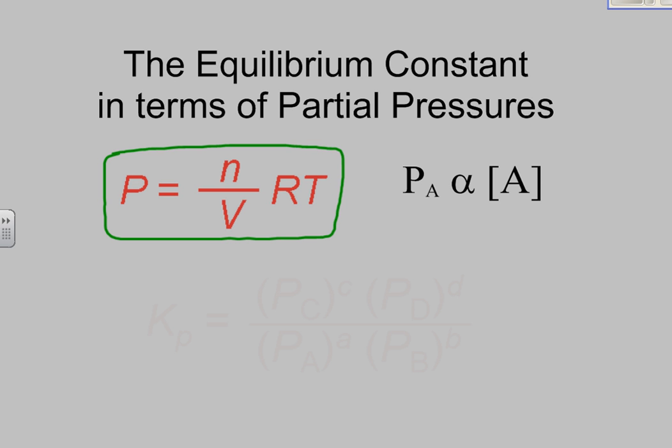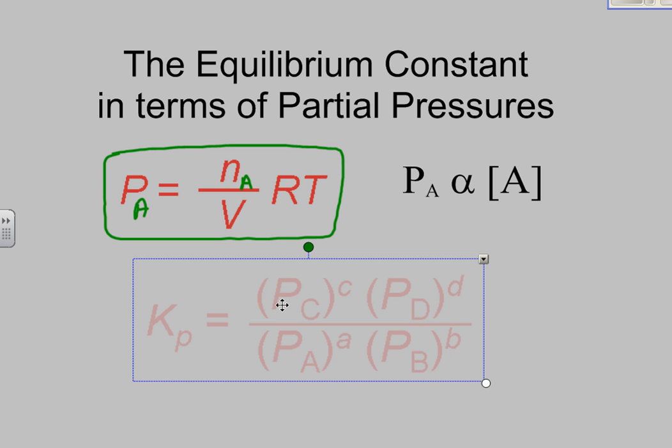We've rearranged it slightly so that we put the n over V, which is concentration or molarity. So what this is showing is that pressure of say substance A is equal to the molarity of A times a constant, or in other words, the pressure of A is proportional to the concentration of A.